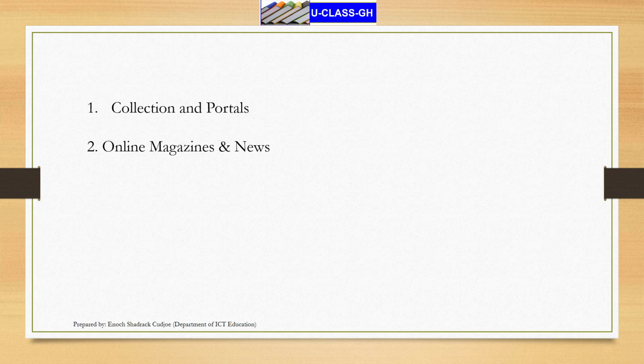As simple as that. Number 3, we have commercial sites, which can also come in handy if you are doing the business school. Maybe in the business school you are doing something about a particular brand. You can visit their commercial website, get information about the brand, and use it for your activities.